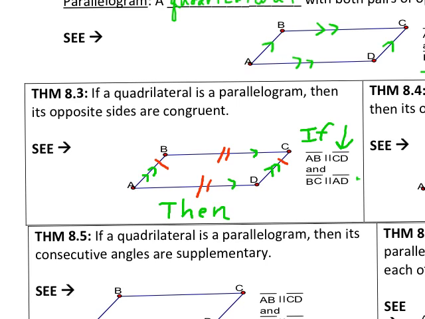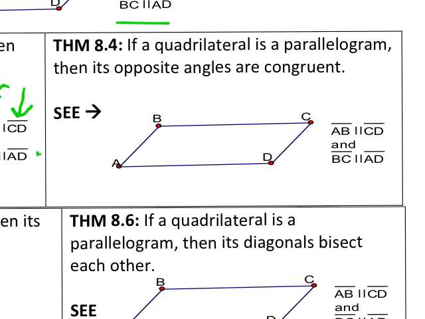So double congruence marks. I'm going to erase these parallel marks because I don't really want those. We're saying if that, then I've got these congruence marks right here. That's all it says. If I've got a parallelogram, then I know that I've got opposite congruent sides.